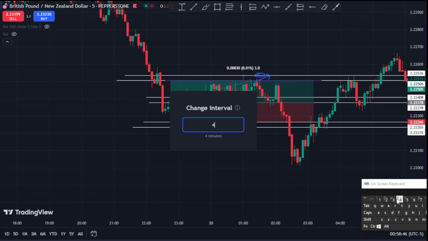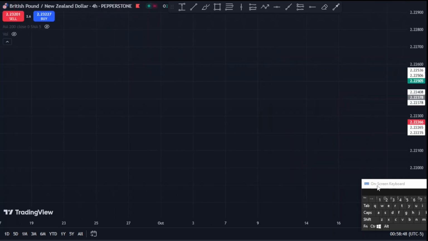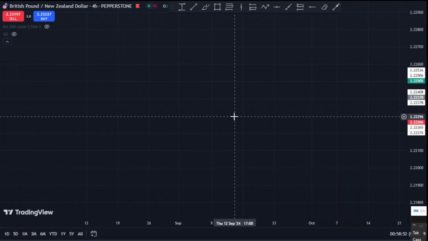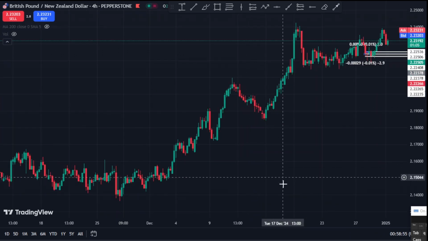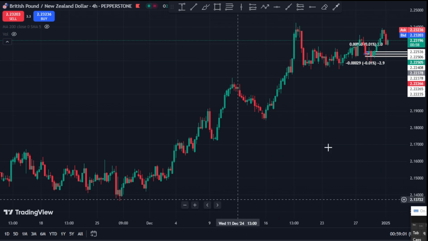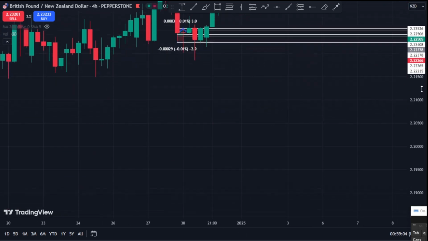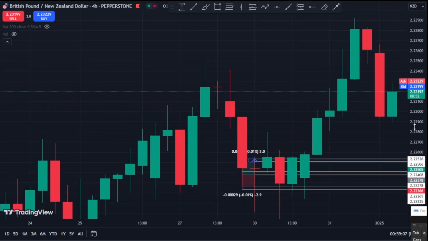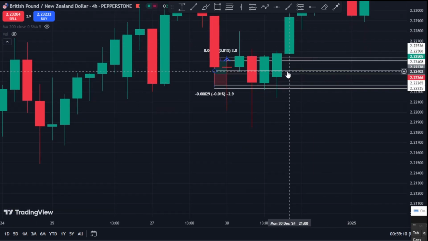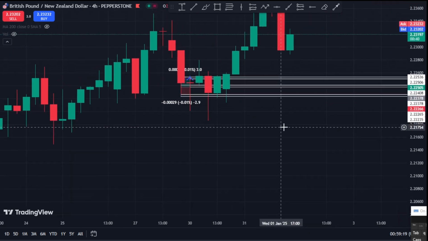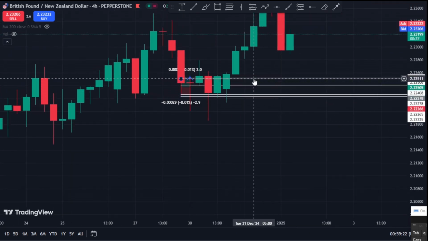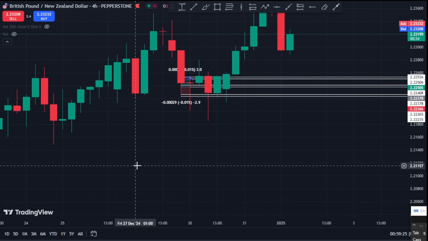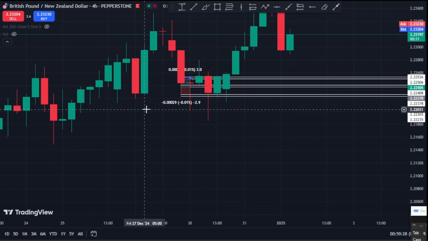So for example, if you look at the 4-hour time frame, just on the same trade, if you look at the 4 hours and you're looking at the same trade, if you check this out, in the 5-minute time frame this distance was way bigger, and if you look at this one, it's now a bit smaller, because this is a higher time frame and the price moves a very long distance.